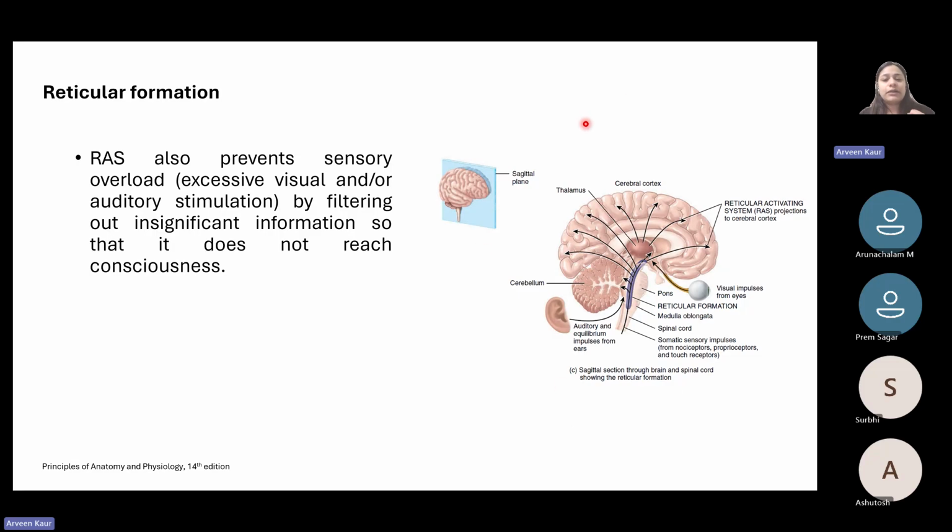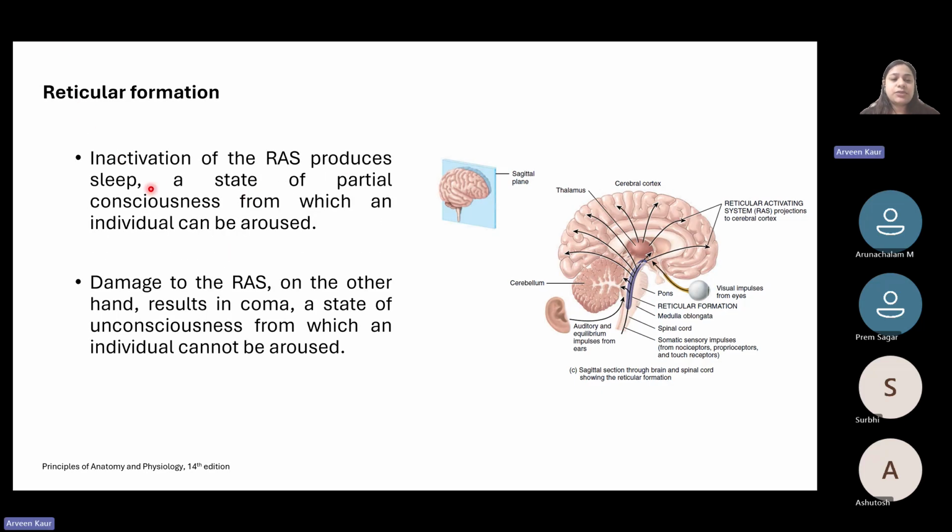Once I'm reading or explaining this diagram, then my peripheral vision has to be filtered out. So it is filtering in the significant information so that our brain has only so much to process. Right? It is not confused by the excess insignificant information that it is continuously getting.